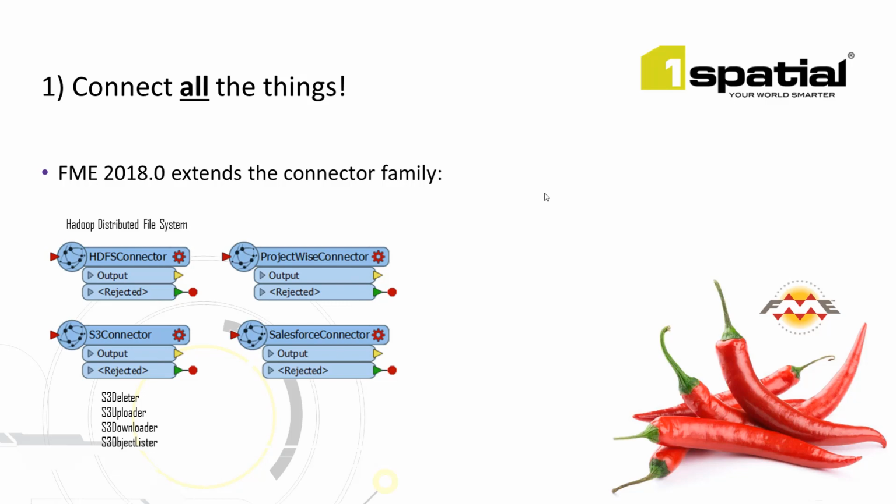Amazon AWS, Amazon Web Services, there is something called S3, Simple Storage Service, and it's their data connector. FME has had an S3 deleter, uploader, downloader, object lister. Those tools existed. Safe introduced those tools one by one.